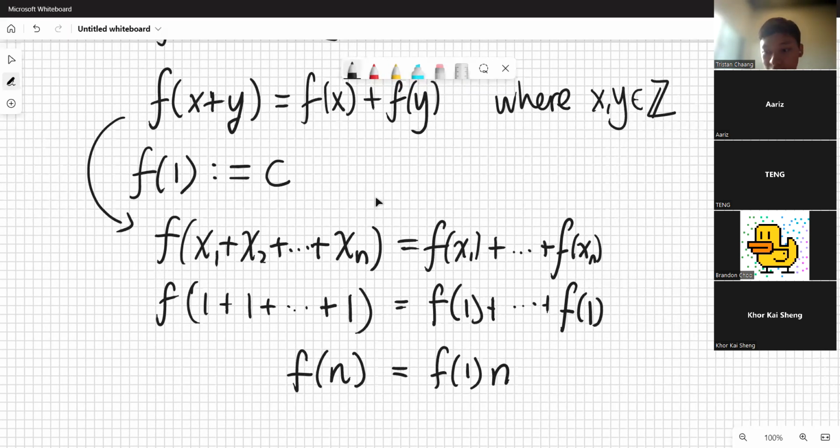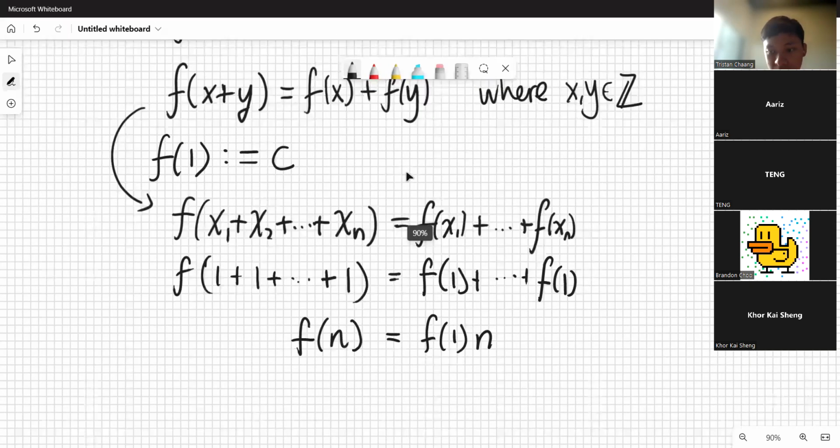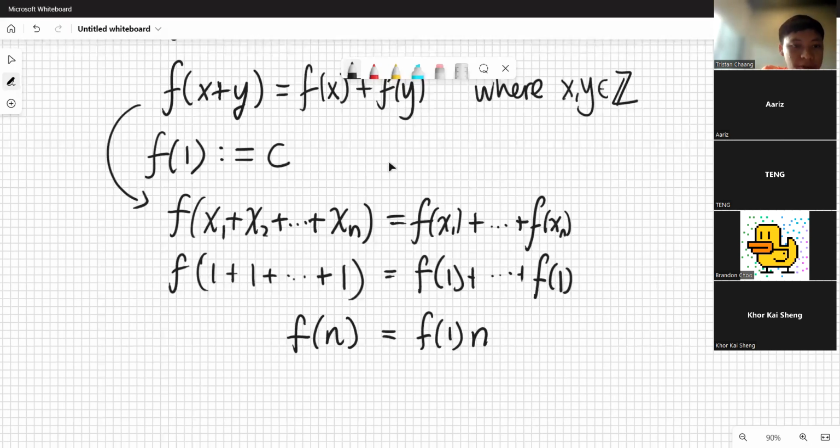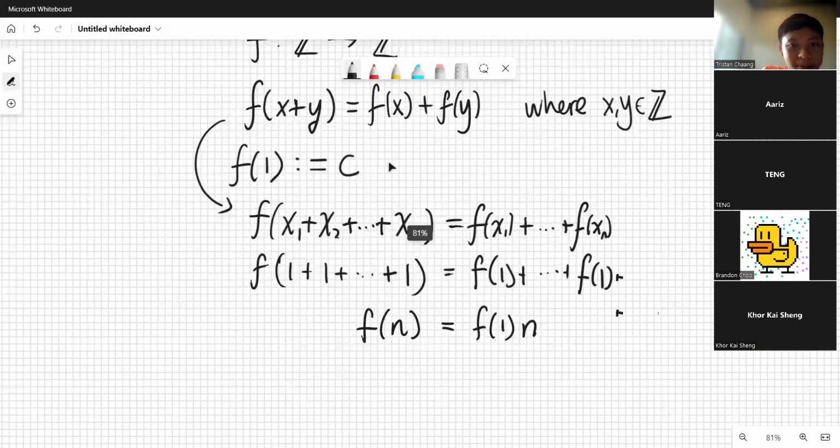And how do we get the negative integers? Yeah, you can sub 1 and minus 1. So if you sub 1 and minus 1 to the first equation, in fact, for functional equations, I sometimes like to let this statement be P(x,y).